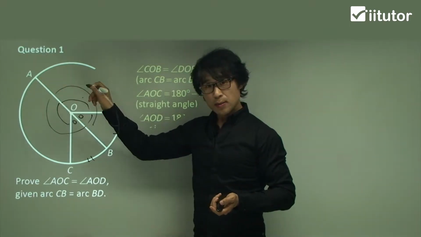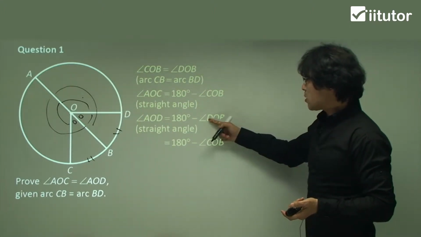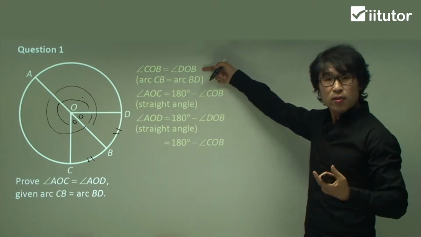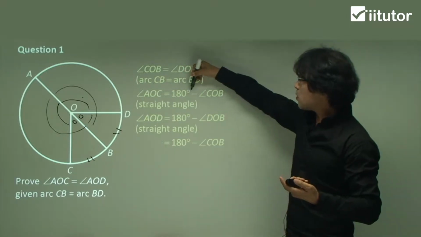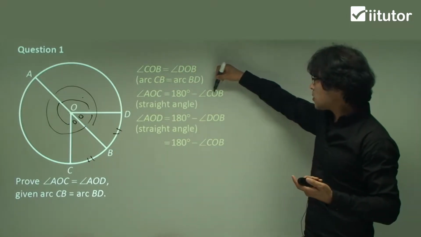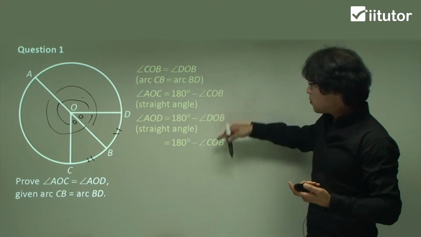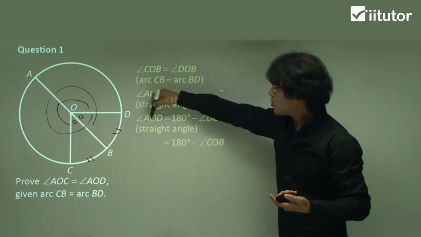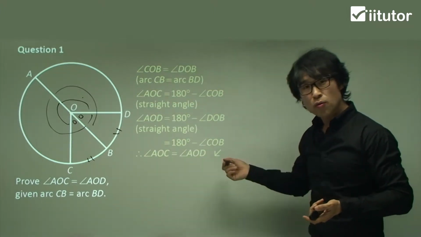Then you'll get this angle. Then angle DOB is equal to angle COB, as we declared at the first step of this question. Therefore, 180 degrees minus angle COB and 180 degrees minus angle COB must be equal. Therefore, angle AOC and angle AOD must be equal. That's the conclusion of the question.